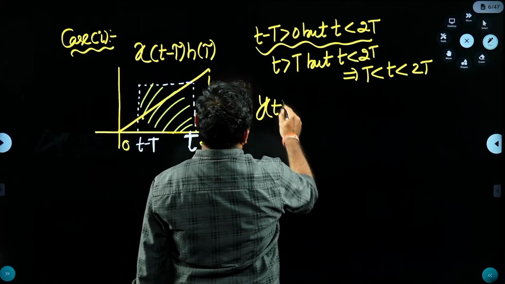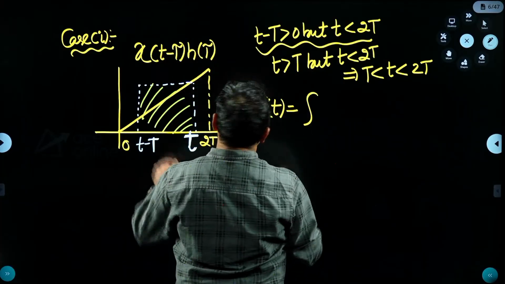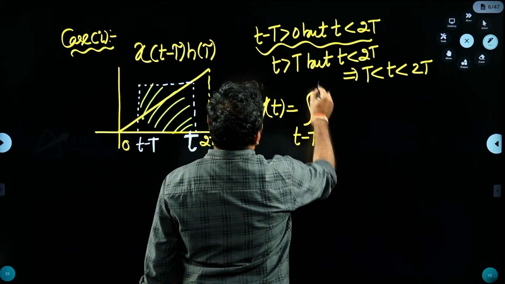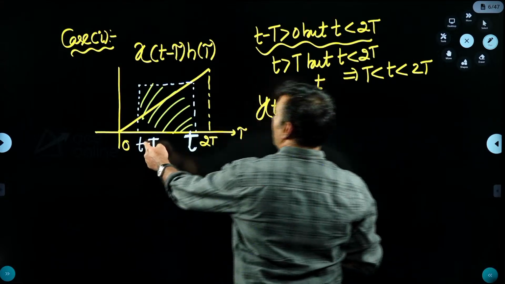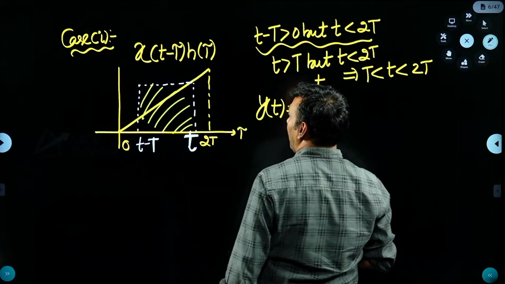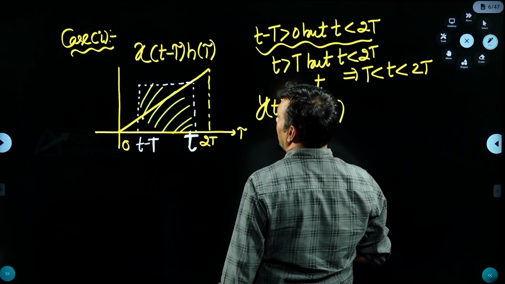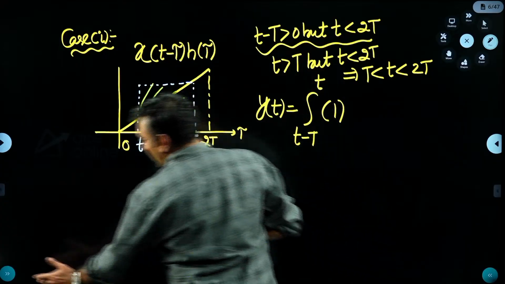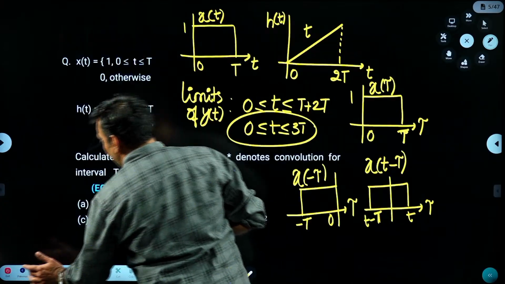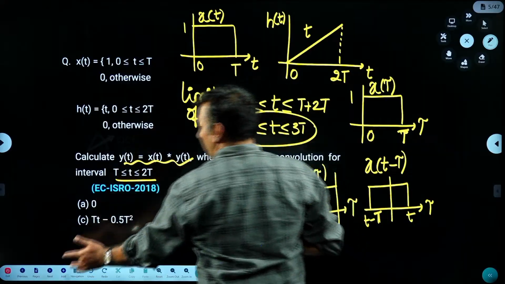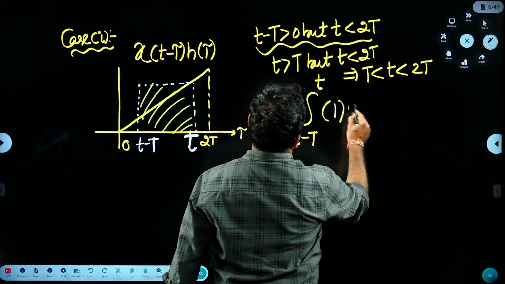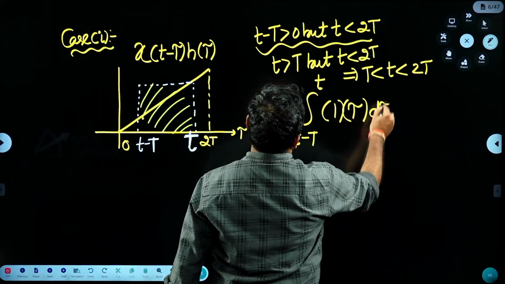So y of t, according to the convolution definition, we are integrating from t minus capital T to t range. The shifted signal amplitude is 1, and h of t is given as small t, which means we should take tau.